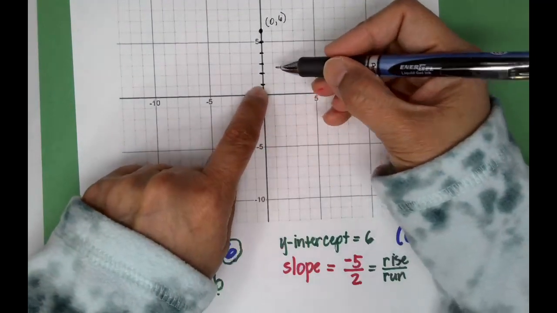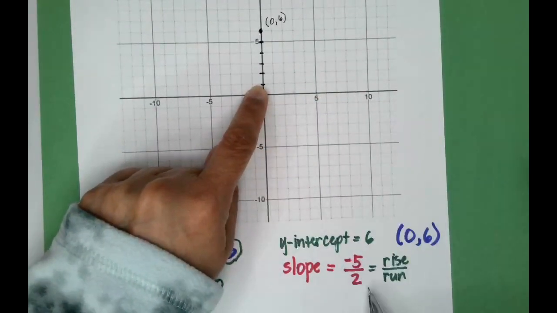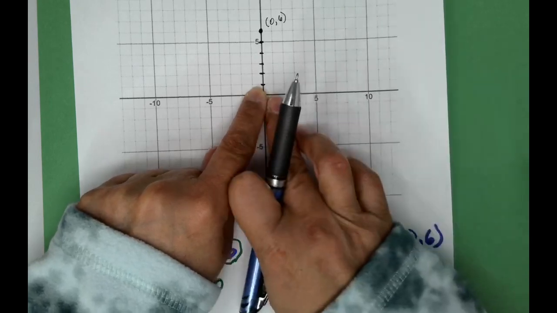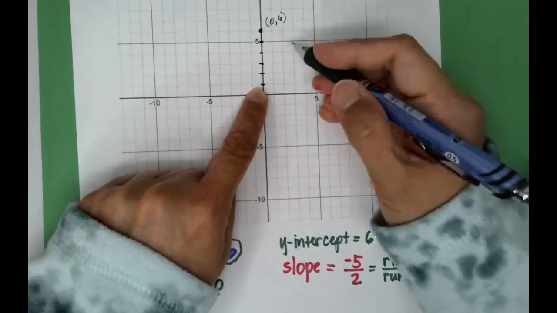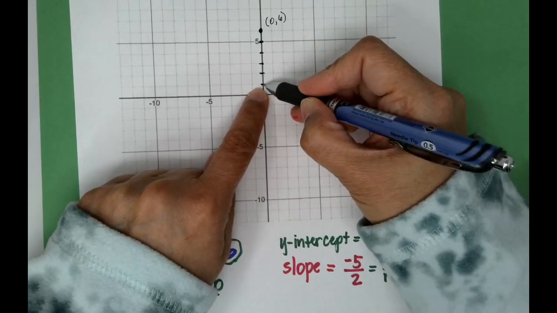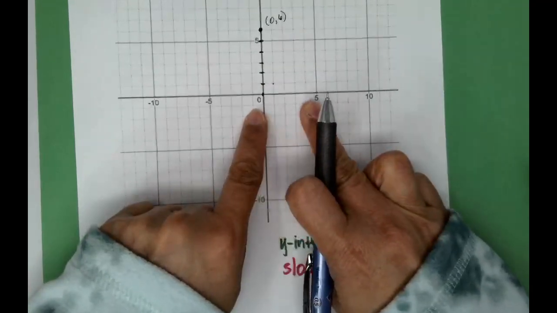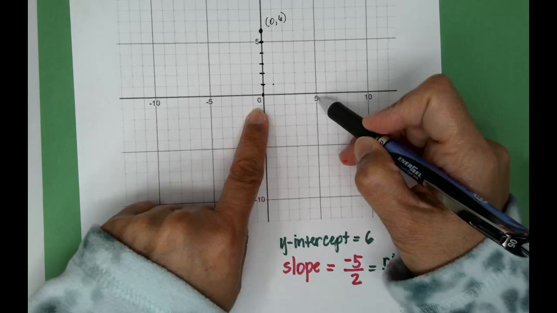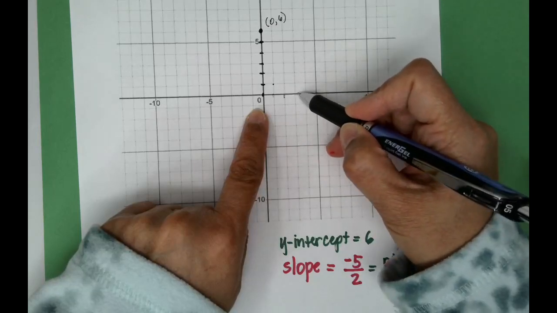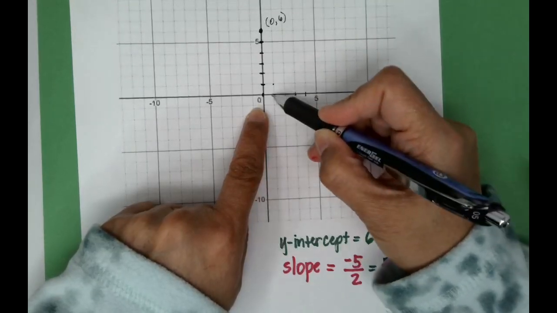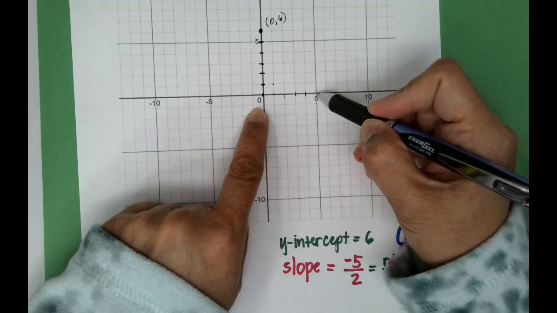That's 5 units down, and then our run is 2, so we go to the right. Again, this is 0, this is 5, so our increments are by 1 unit.